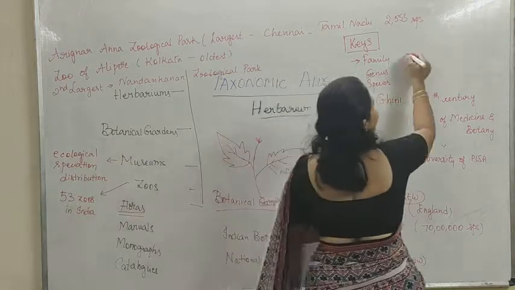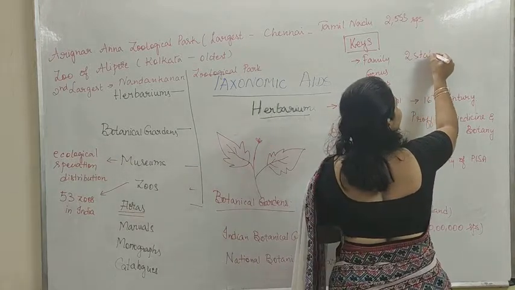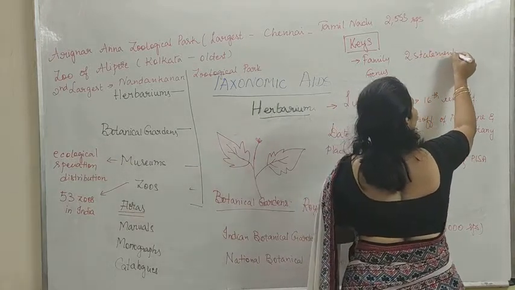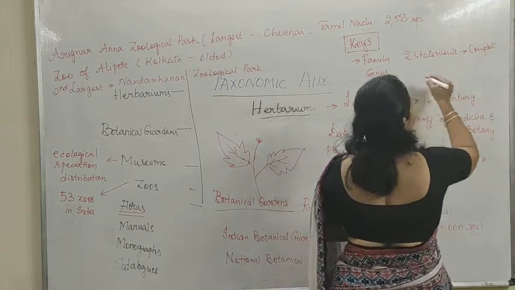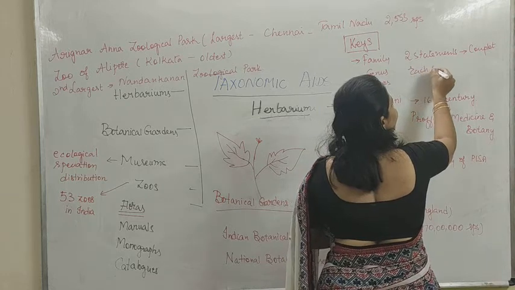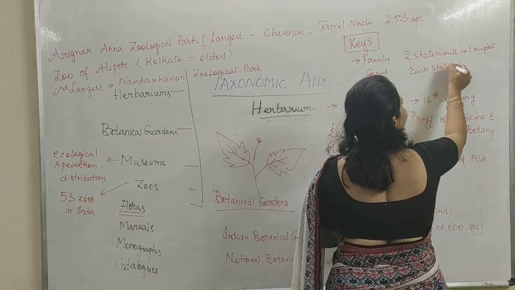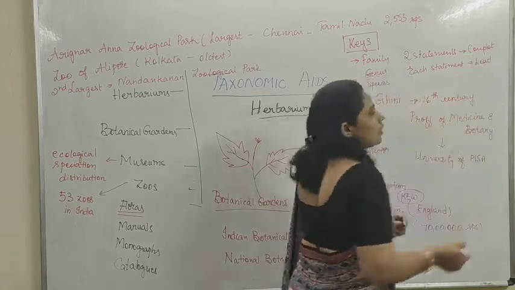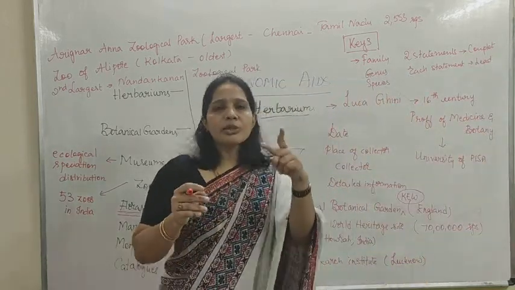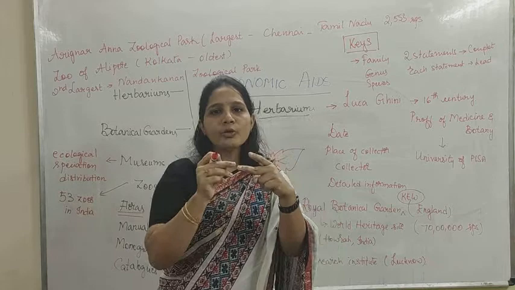Two statements together are called a couplet. Each statement is called a lead. So both the two statements are contradictory to each other.